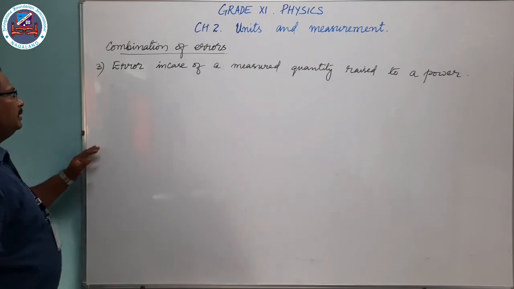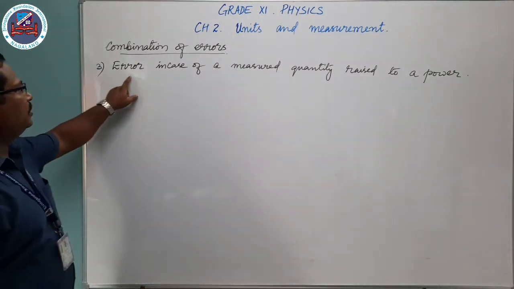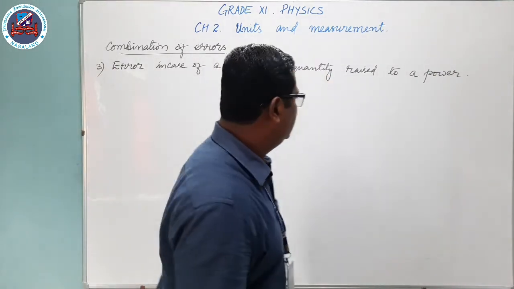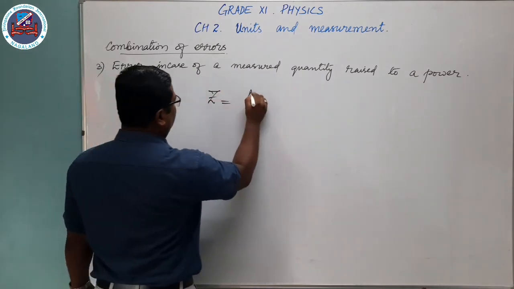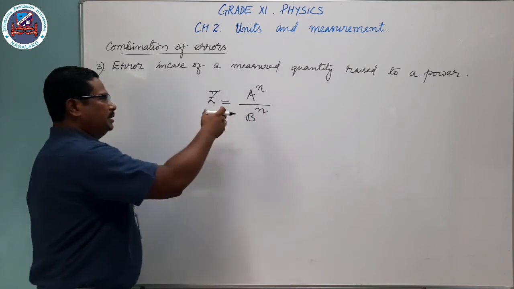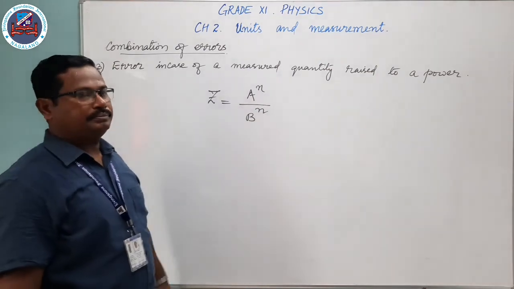Now let us see the third variety, that is error in case of a measured quantity raised to a power. Suppose a physical quantity is given to you, z is equal to a to the power n, b to the power n, like this. It may be multiplication or division as well, but they have powers in them.